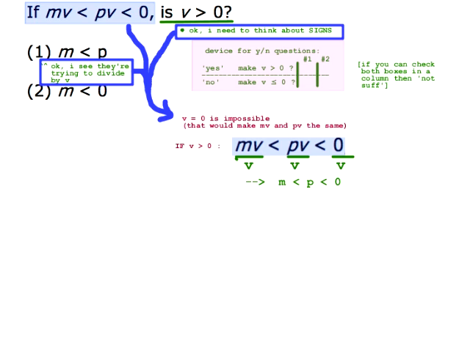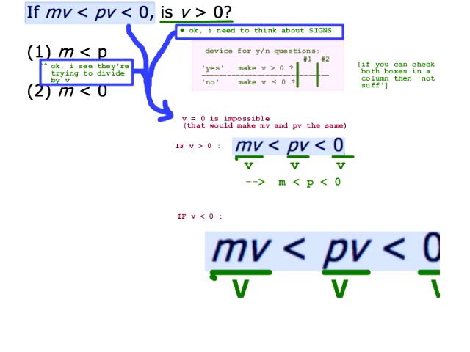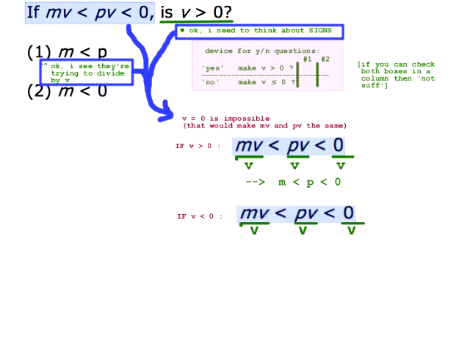On the other hand, we also need to think about what happens if v is negative. So what's the difference? Maria knows what the difference is. The difference is this. Gotta flip these guys.